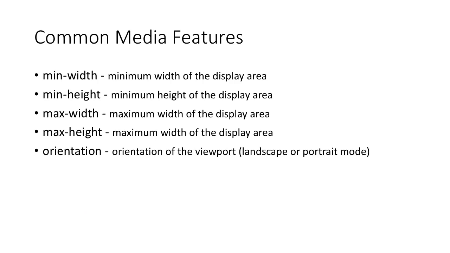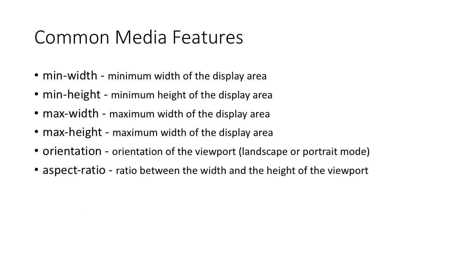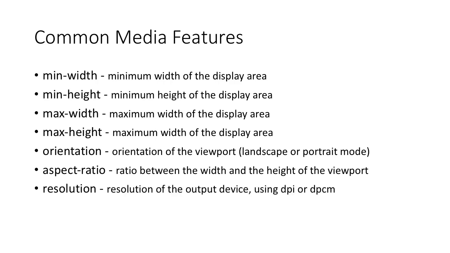You can also say the orientation, which applies when it's a tablet or a phone, because you can have landscape or portrait mode. You can also have aspect ratio. If you're on a 4:3 type of device, or a 16:9, or whatever, you can define specific styles based on the aspect ratio, resolution, obviously, and then just general width and height.